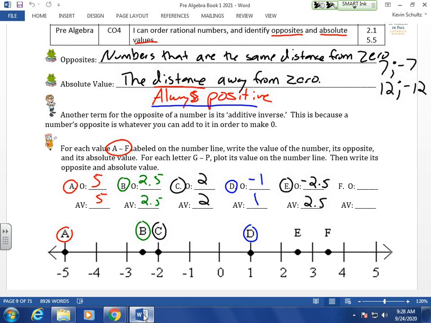So points B and E have a relationship, right? They are opposites themselves. They're the same distance away from 0, and that distance is their absolute value, 2.5. Okay. Finally, point F. It's at 3.5, so the opposite of 3.5 is negative 3.5, and the absolute value is positive 3.5.